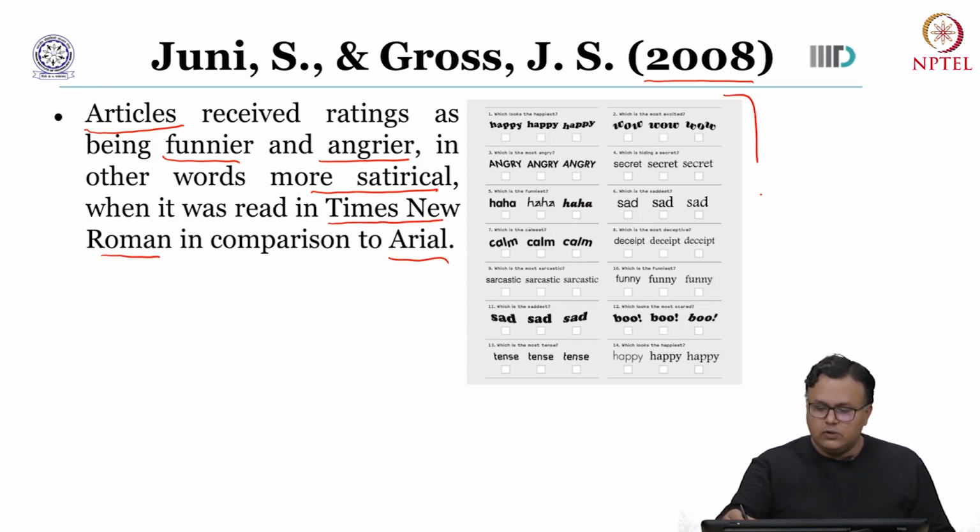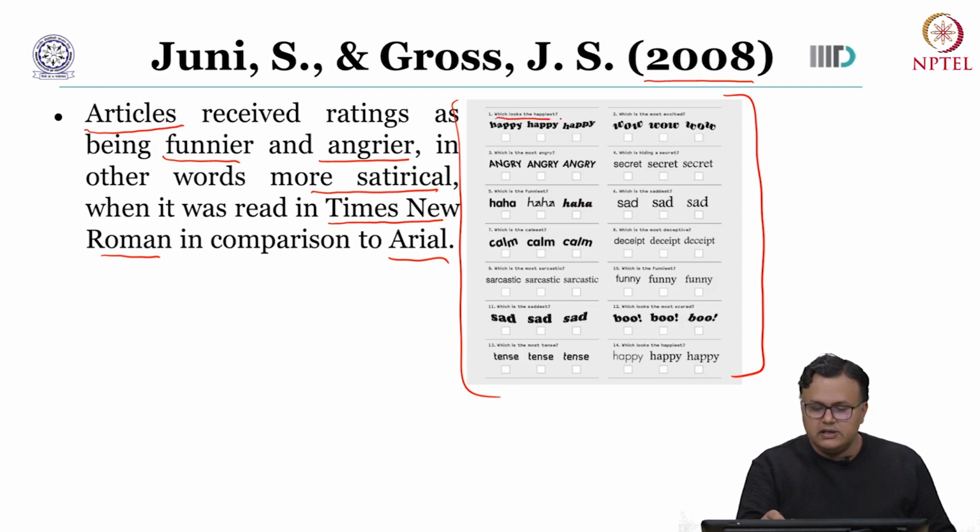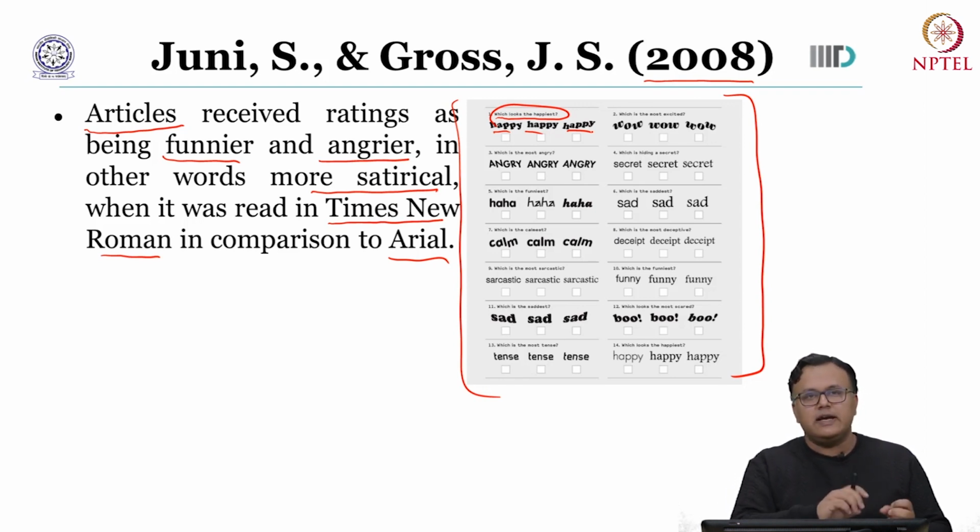Now, this kind of questionnaire was given, and what you can actually see here is, let's say when we are talking about, the question is which looks the happiest, and you see these three options, right? So, of course, this is subjective, but the orientation in which the text is written, which is of course the font style, that essentially was given to have effect on the user.